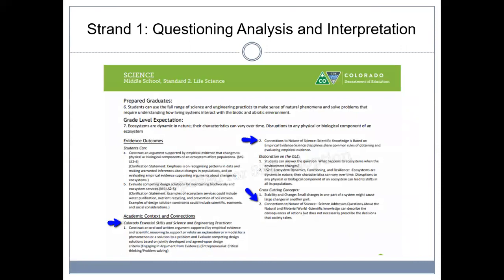But you'll see strand 1 really strongly, not necessarily in the actual grade level expectation, the standard, but down below in a couple of buckets. You'll see it in the Colorado Essential Skills and Science and Engineering Practices, and in some of the cross-cutting concepts. There are connections to the nature of science where you'll see that overlap pretty significantly.